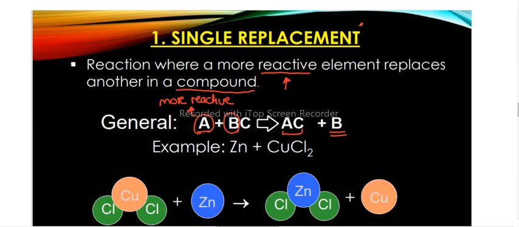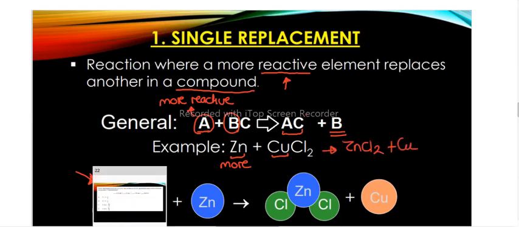Here I have a simple example. I have 2 metals, which are the zinc and the copper. The zinc is more reactive compared with the copper. Therefore, it will react with the chlorine as shown inside the model. So this forms ZnCl2, and the copper will be replaced outside.